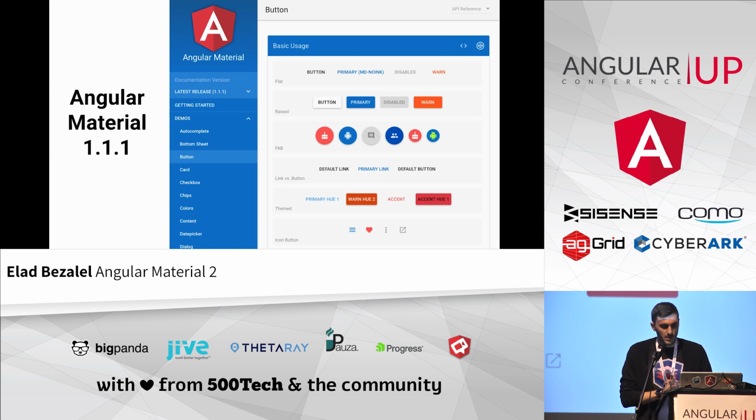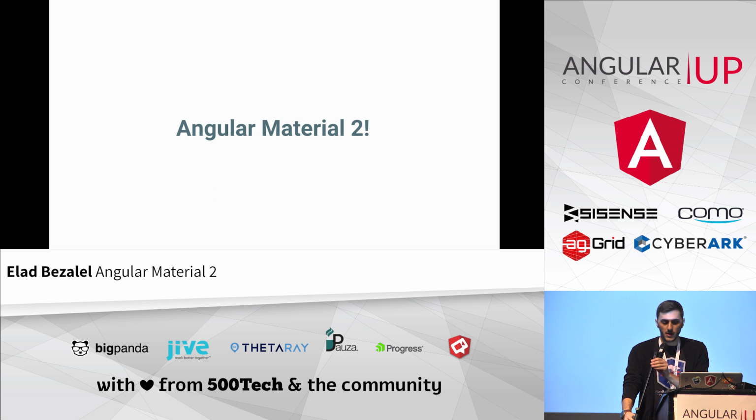Our latest release is Angular Material 1.1.1 for Angular 1, of course. Since the release of 1.0, we had so many bug fixes and features requested by you. So it's still under active development, and it will be for a year or so. But we're here to talk about Angular Material 2.